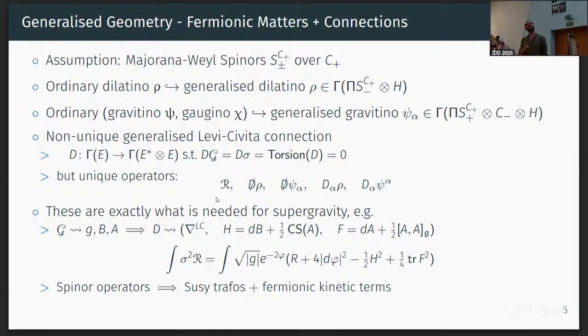And then the single generalized Ricci scalar is equal to the whole bosonic action of n equals 1, d equals 10 supergravity in one object, which is quite neat. Furthermore, the spinor operators above are exactly what you need to write down the supersymmetry transformations and the fermionic kinetic terms. So in this sense, you can see generalized geometry gives a huge simplification of n equals 1, d equals 10 supergravity. And I'm going to show you the full action in a bit, and you can see that it's much simpler.